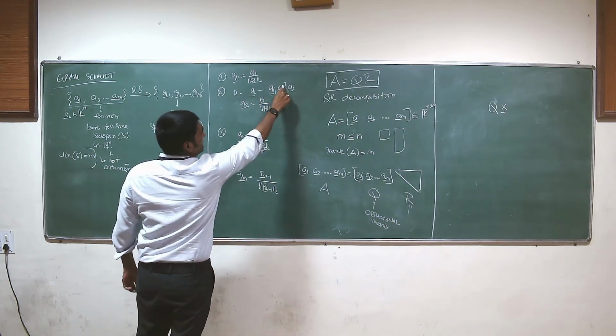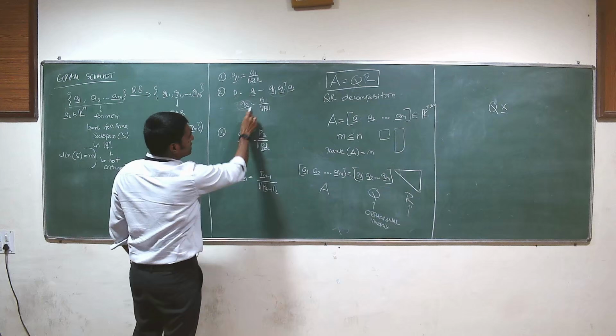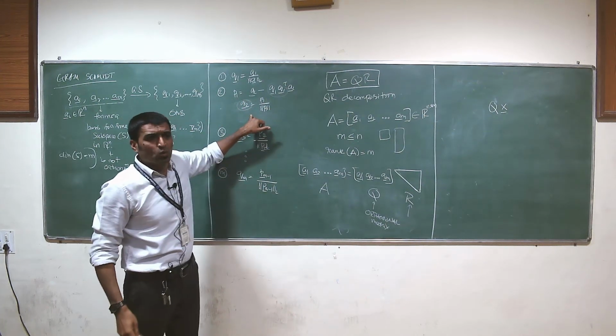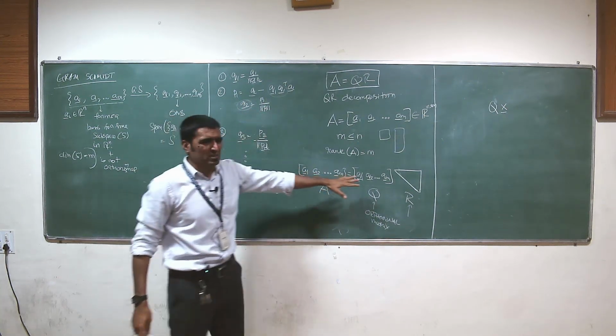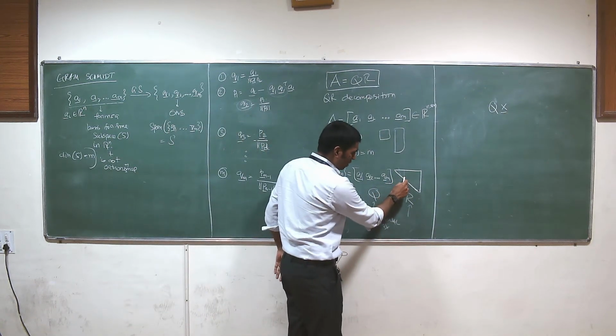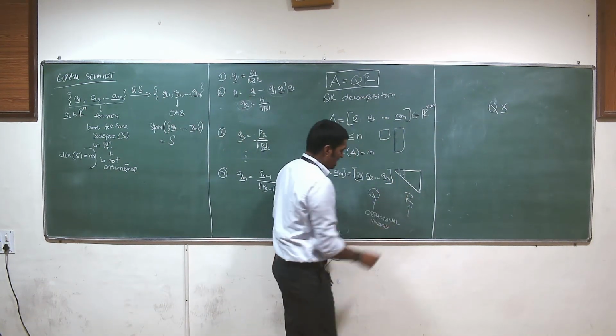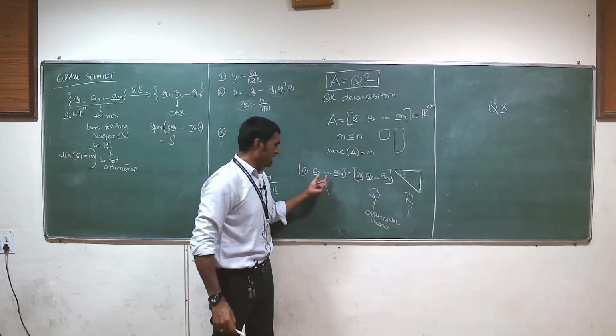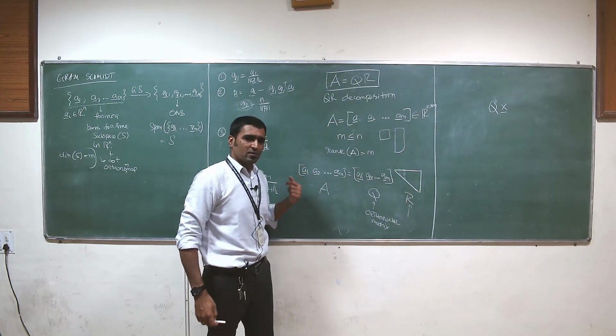So A2 only depends on Q1 and Q2. Okay, the details of how this is done is in the notes, so I won't go into the details. Similarly, if you go to column 3, there are only 3 non-zero elements, and only the first 3 columns determine A3, and so on and so forth.